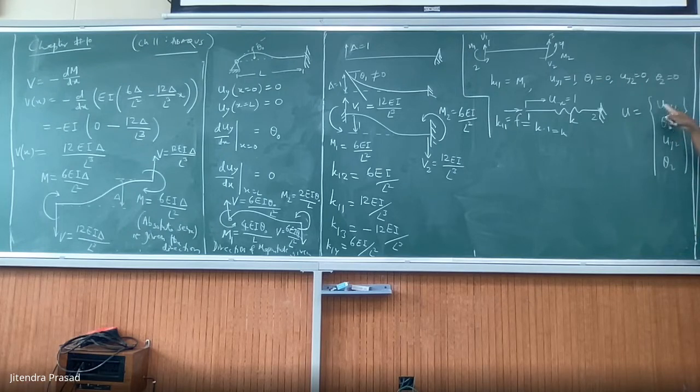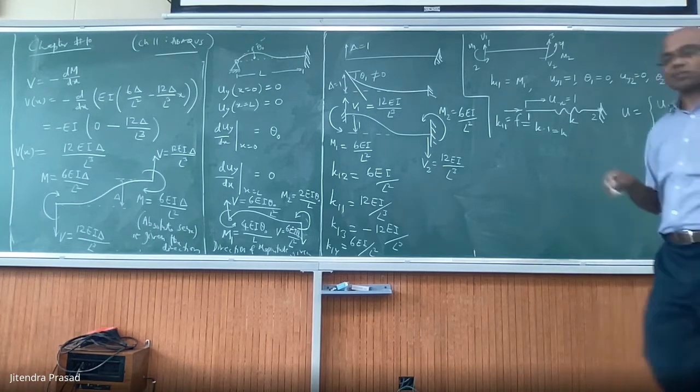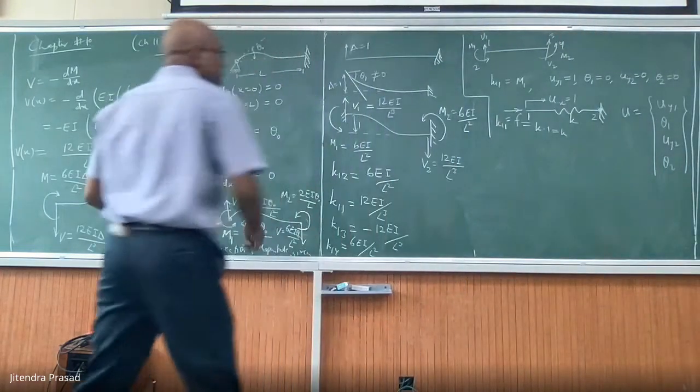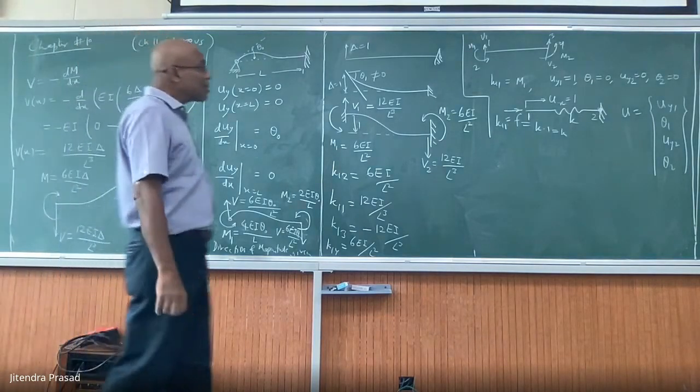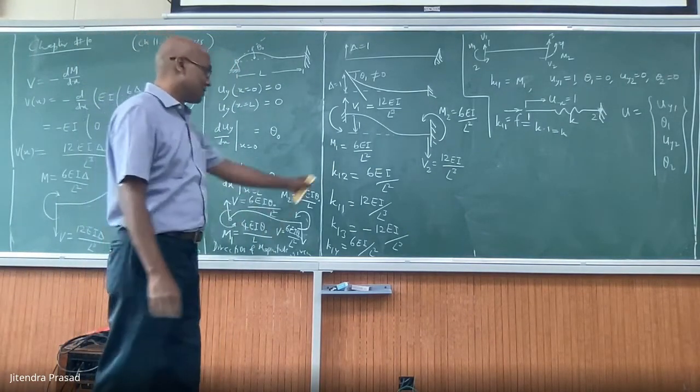The one which this multiplies to has to be in Newton per meter. The one to which this multiplies has to be in Newton. Hence it's like that, by design. Okay, so we got these values.